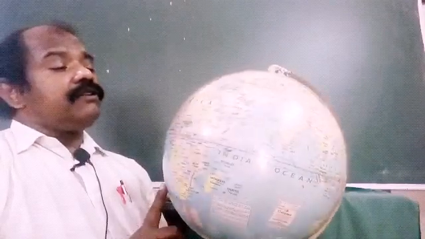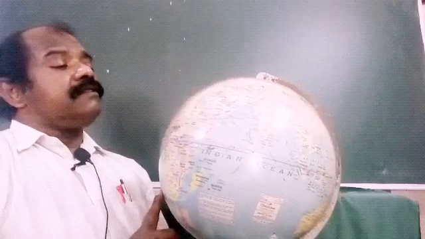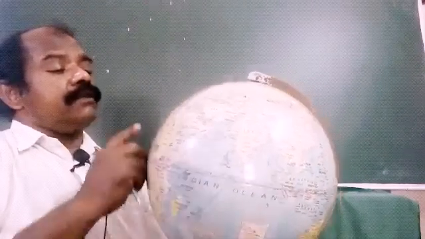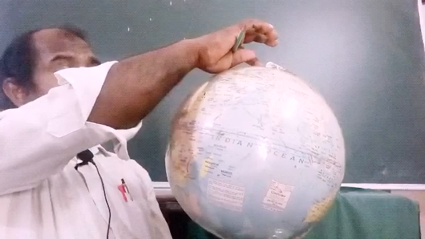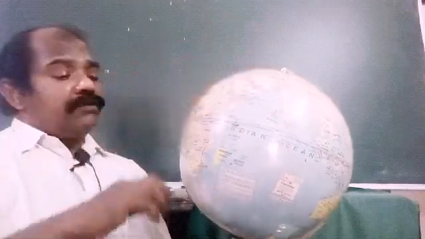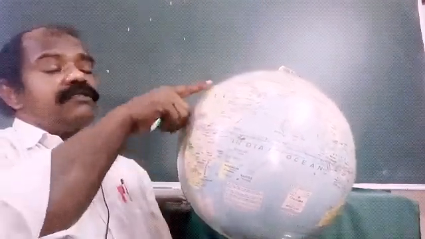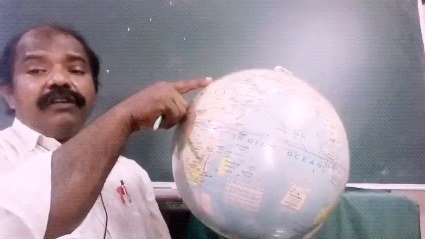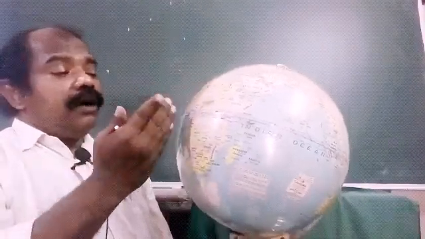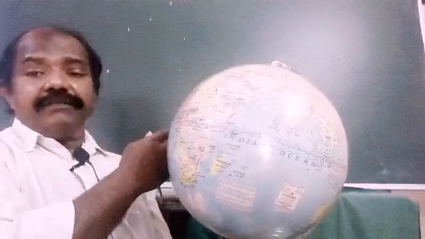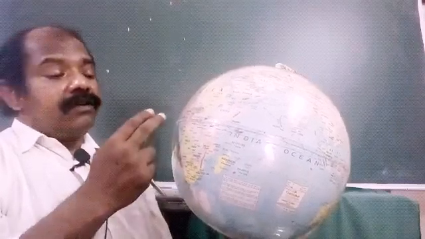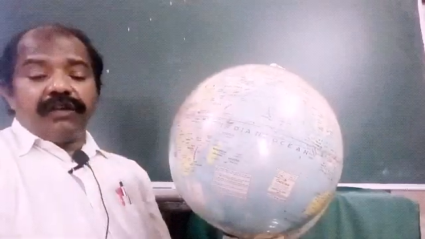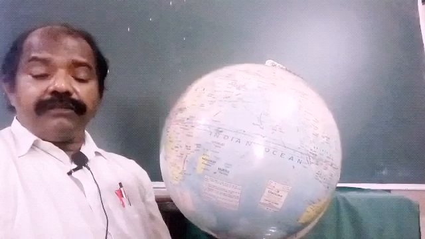The Greenwich longitude is taken as the 0 degree longitude. A longitude that passes from North Pole to South Pole through a place called Greenwich in London is called 0 degree longitude. Towards the left side of this longitude, these are called western longitudes. Towards the right side of the Greenwich longitude are called eastern longitudes.